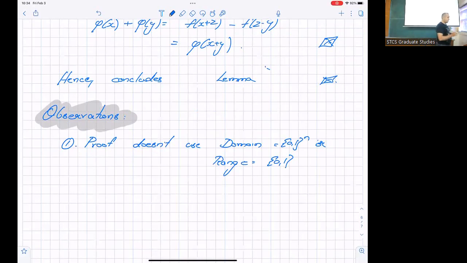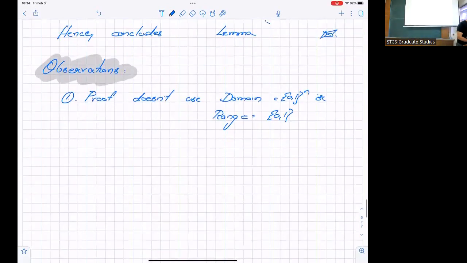In general, we could do the more general thing, where G and H could be two arbitrary abelian groups.